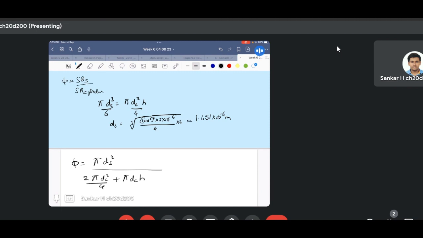This refers to the curved surface area, and this is the top and bottom surface area. And we can cancel out pi from everywhere, and we will get after substituting, 7.